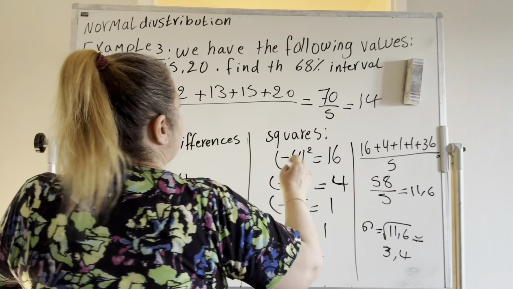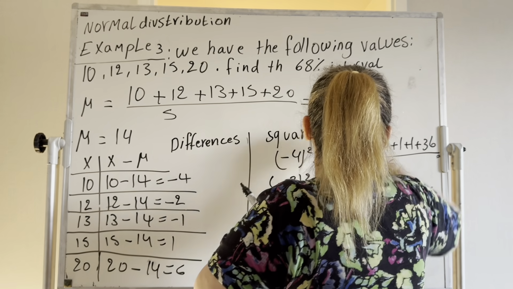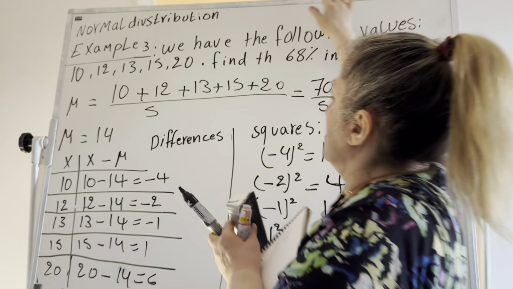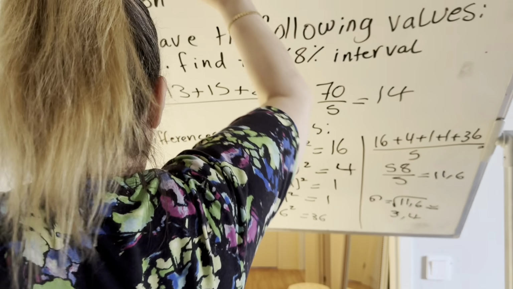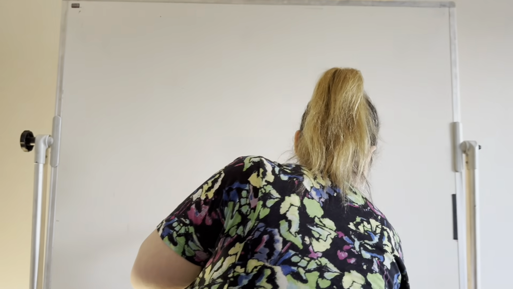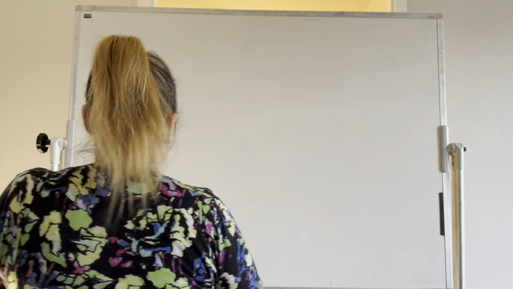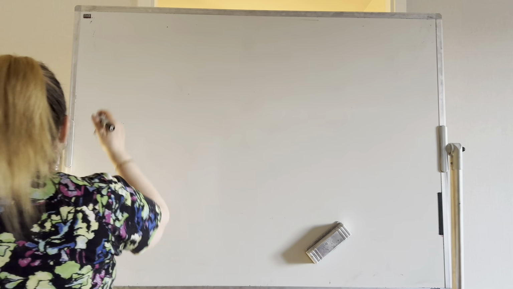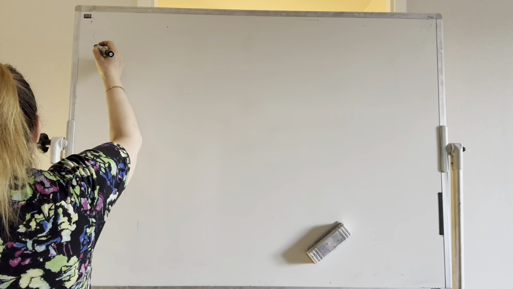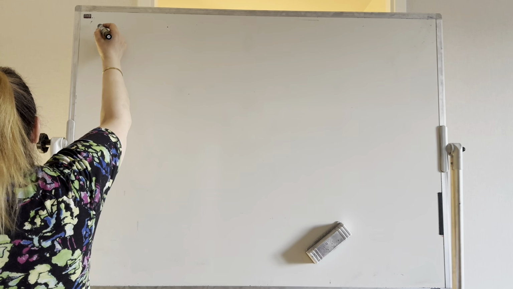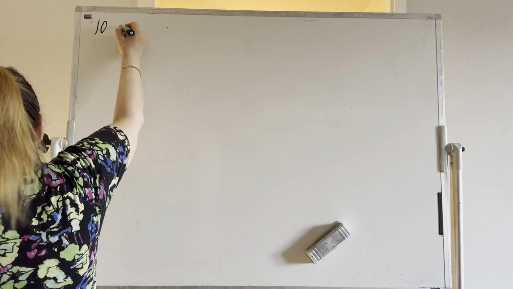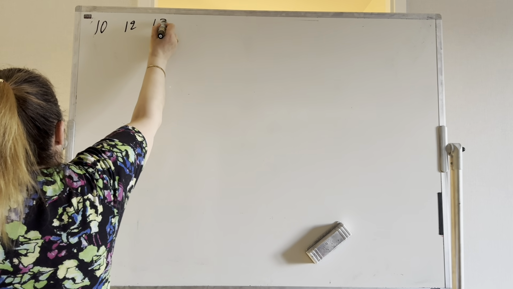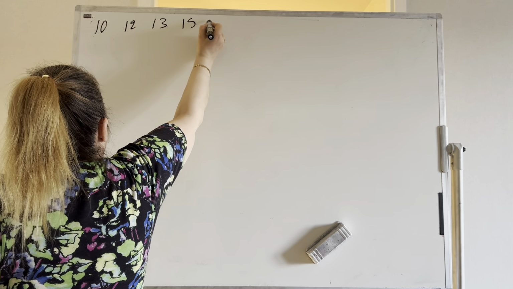So the third step. The values were 10, 12, 13, 15, and 20.